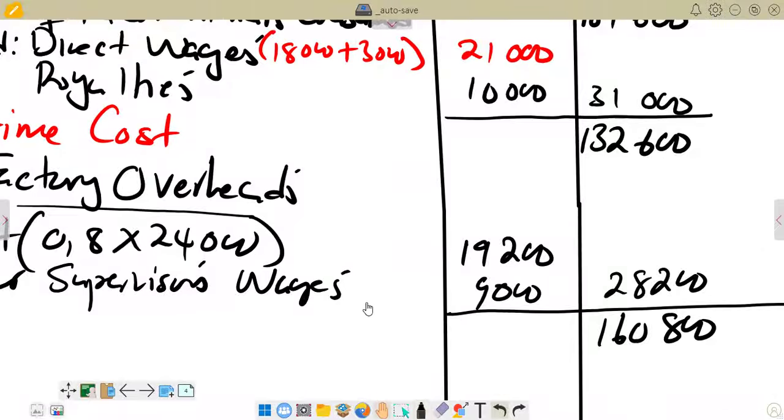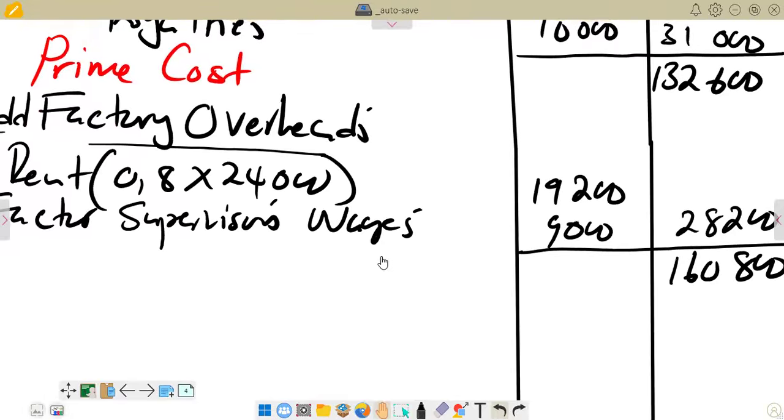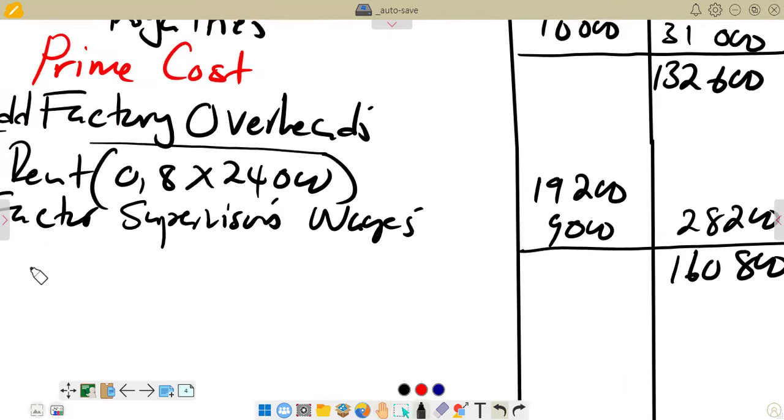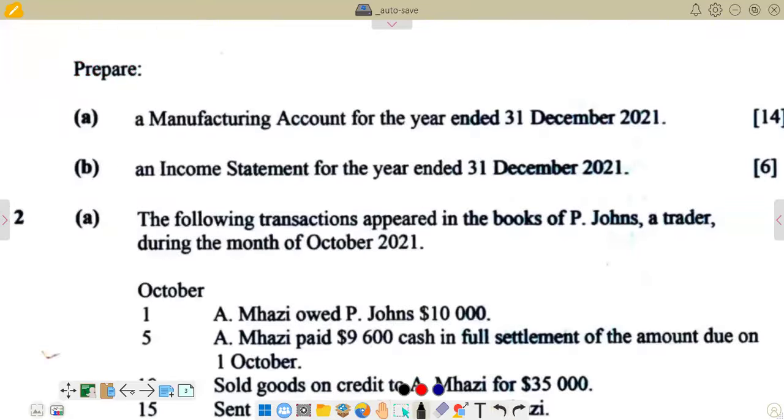And then we are supposed to adjust now for our work in progress. So for work in progress, we have got opening work in progress. We'll go back to the question to see what we have in terms of opening work in progress. We can always find the balances for opening in the trial balance.